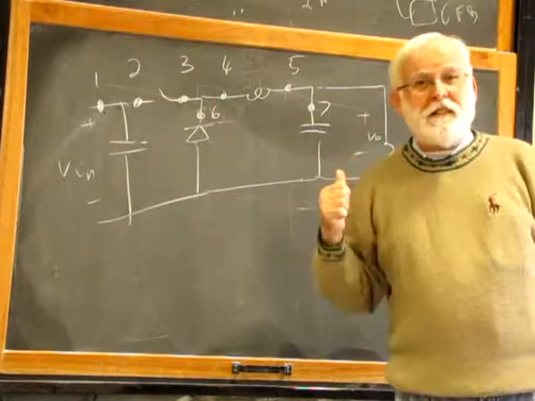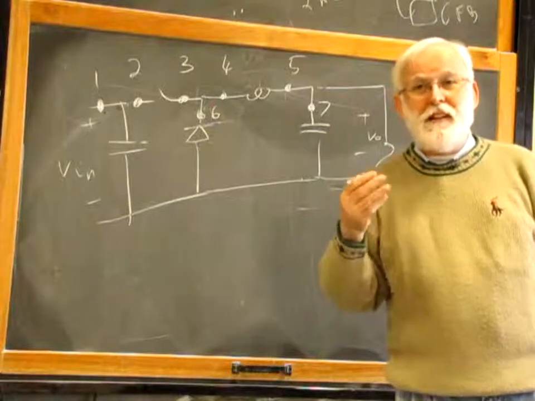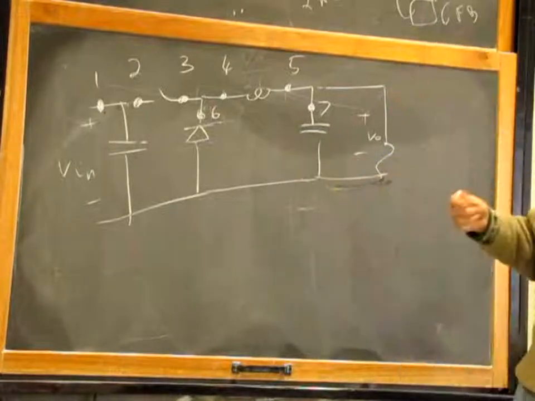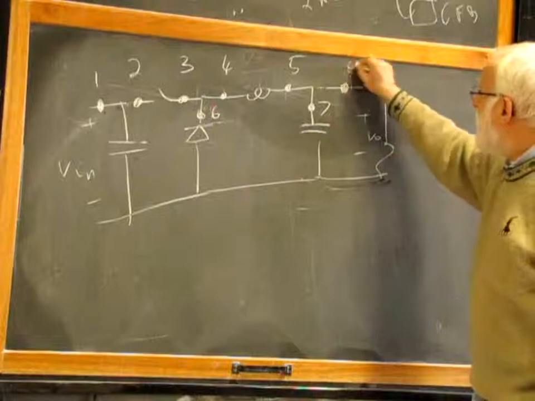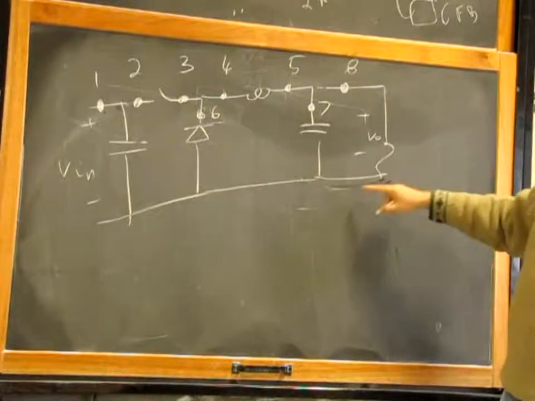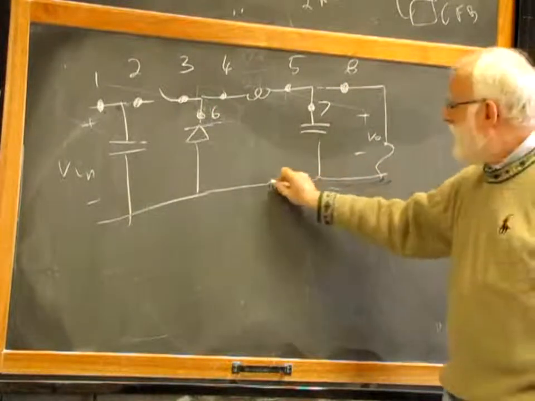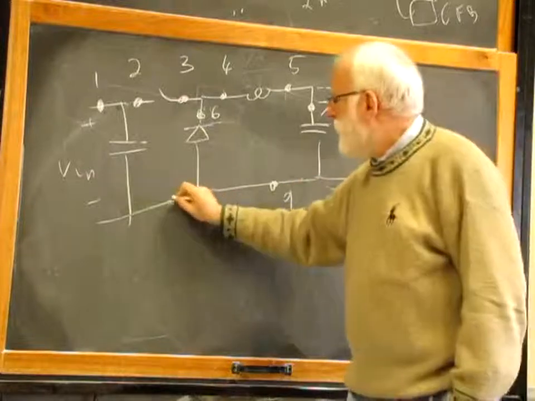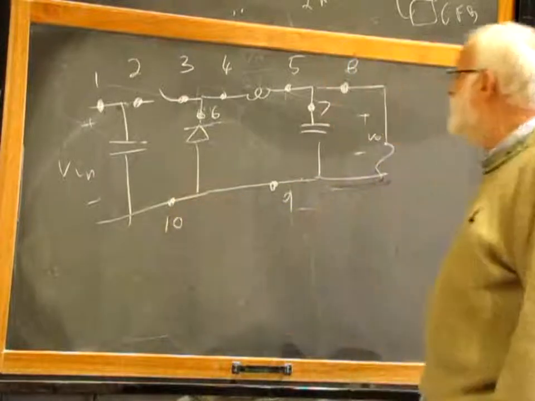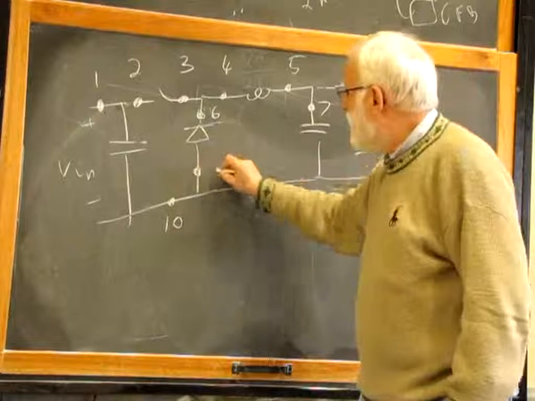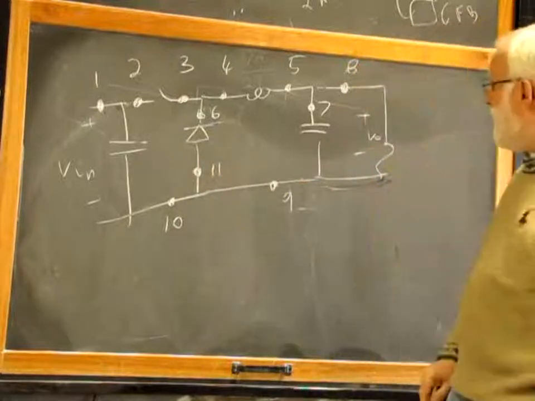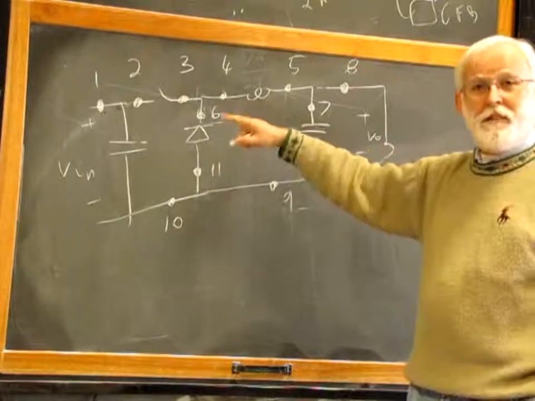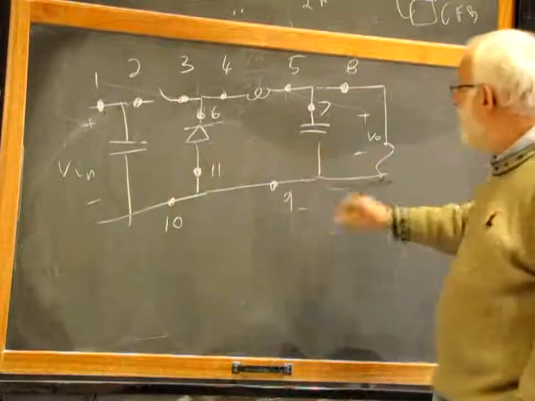For a buck converter, this is easy, but you have to be able to see these basic ideas on any kind of converter. Over here, 8, here already done, over here, 9, over here, 10, over here, 11. Well, 11 and 6 are the same story, but there is a different story.